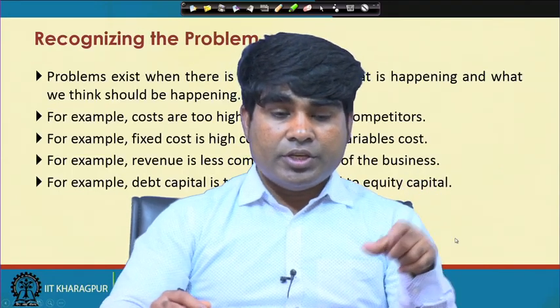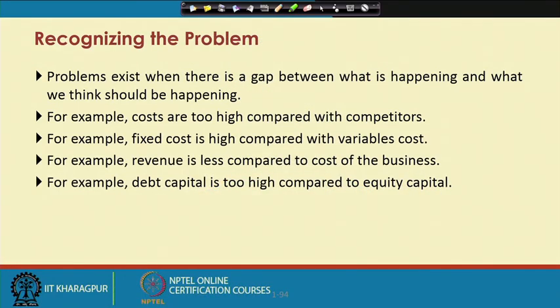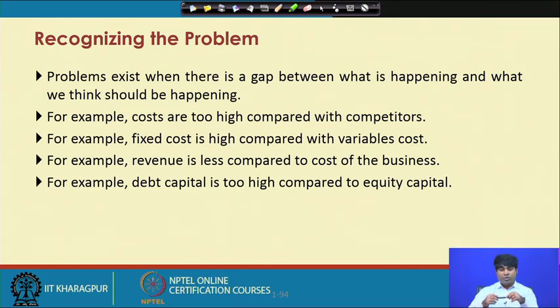Let me give you these 6 steps, and I will highlight what these 6 steps are. The first step is the understanding of the problem. So far as understanding is concerned, the simple structure is that problems exist when there is a gap between what is happening and what we think should be happening.